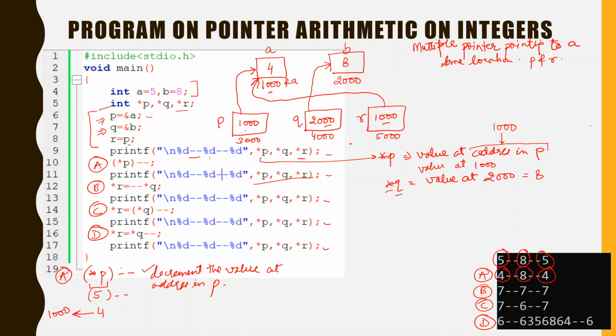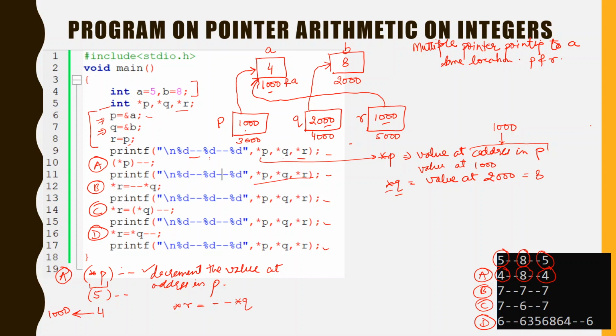Okay, now we will do statement number B. Statement number B is an assignment statement which states pointer R equals minus minus pointer Q. Okay, minus minus pointer Q. To understand this statement, we have to first see whose priority is more.